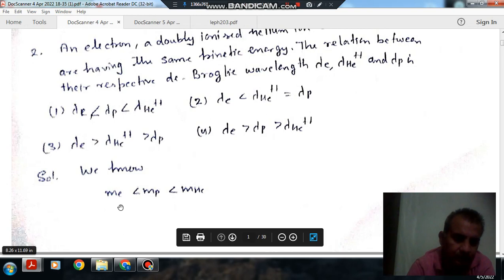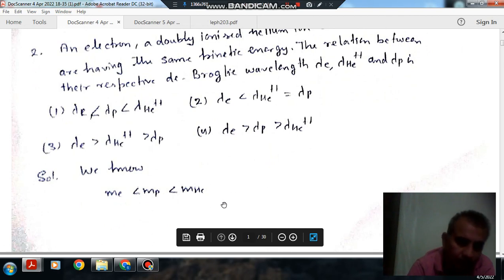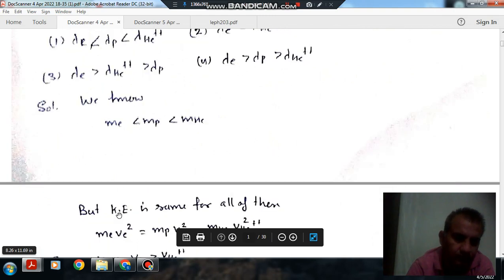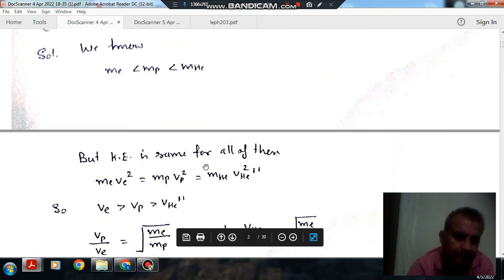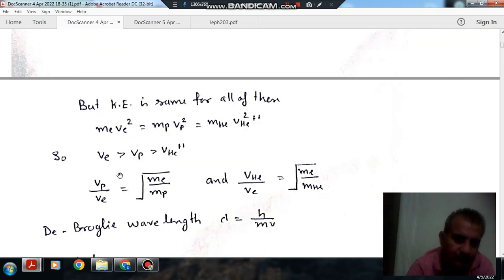We know that the mass of electron is less than the mass of proton, and the mass of proton is less than the mass of helium, because it has two protons in it. The kinetic energy is half mv square; omitting the half, me ve square equals mp vp square equals m He v He++ square.